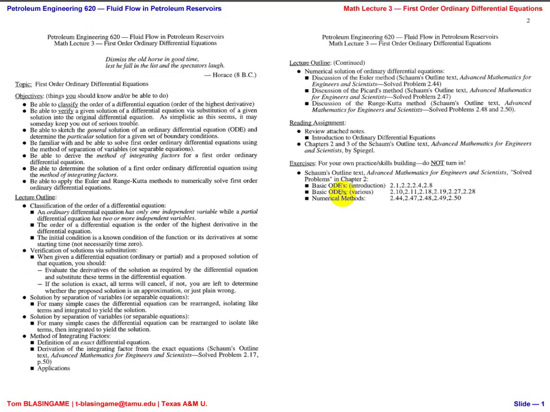And the second part of the lecture is going to be for second order differential equations. The first order differential equations imply that they only have one independent variable.